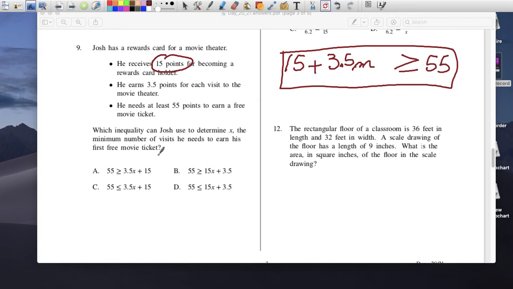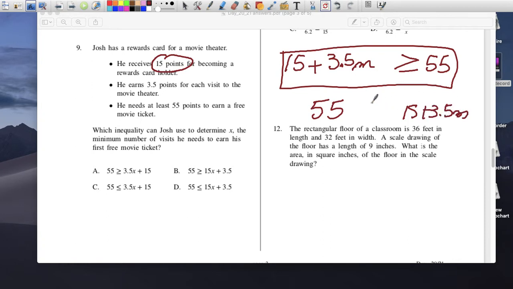And notice that in their answers, everything starts with 55. So we got to sort of look backwards, right? So we got to switch this backwards. One way of doing that is simply throwing the 55 to the other side, throwing 15 plus 3.5m to the right side.